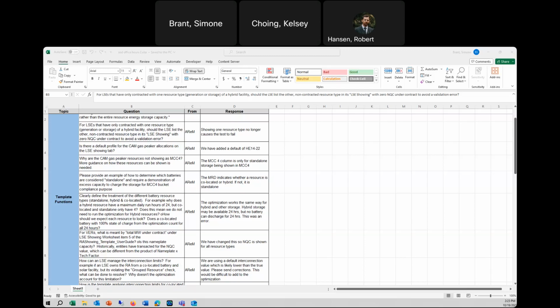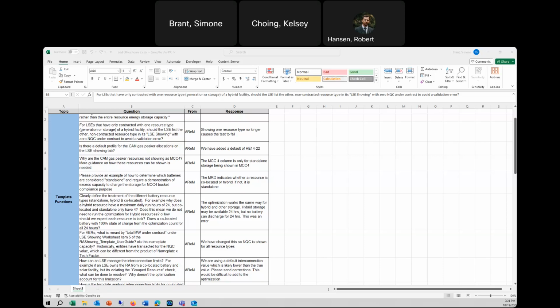Ella? Yeah, I just want to ask a clarifying question on the NQC that we're supposed to enter there, as was just discussed. Is it the monthly NQC from the master resource database or from the final NQC list? Because there seemed to be a difference between the two. Yeah, it's from the master resource database, because the solar and wind counting are different.